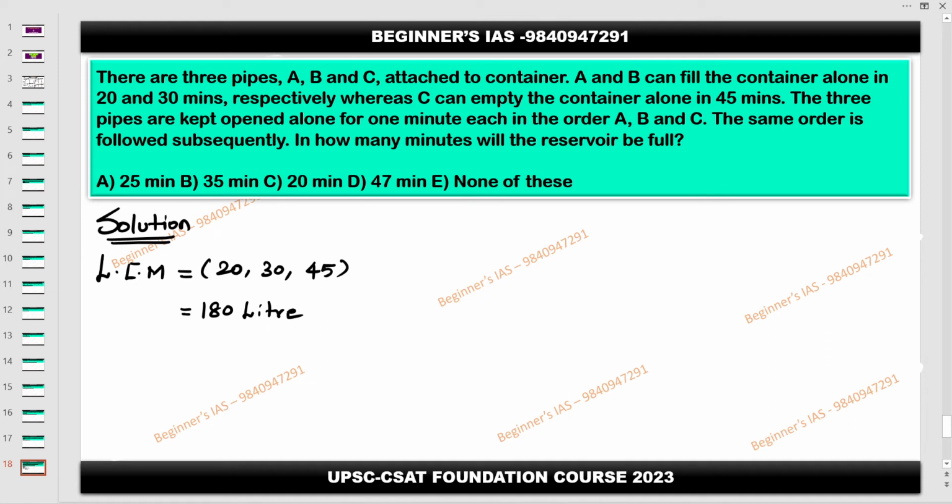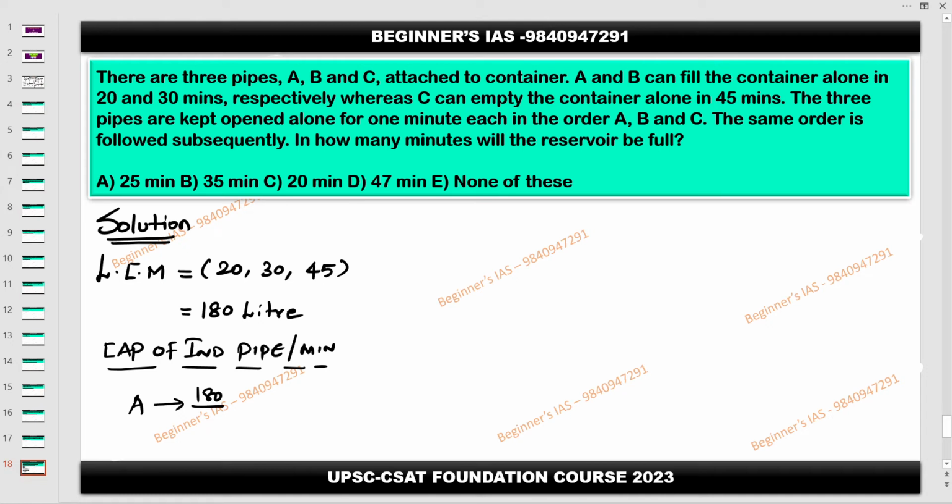Now we need to identify the capacity of the individual pipes, per minute. Everything is in minutes. Therefore, total capacity is 180 liters.